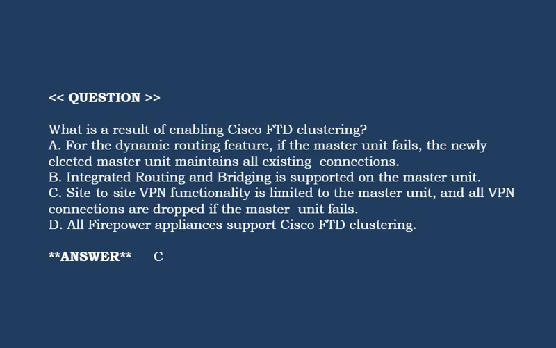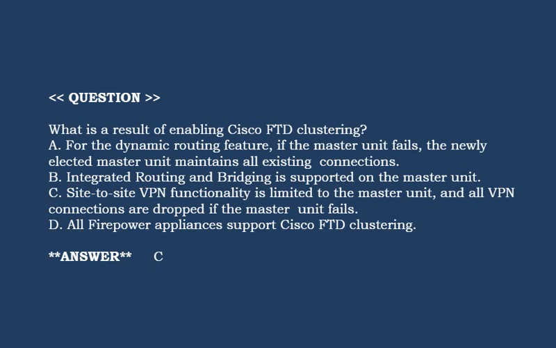Next question is, what is the result of enabling Cisco FTD clustering? Option A. For the dynamic routing feature, if the master unit fails, the newly elected master unit maintains all existing connections. Option B. Integrated routing and bridging is supported on the master unit.